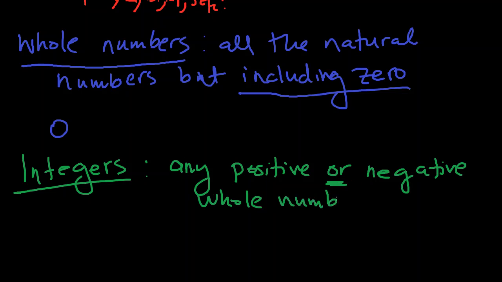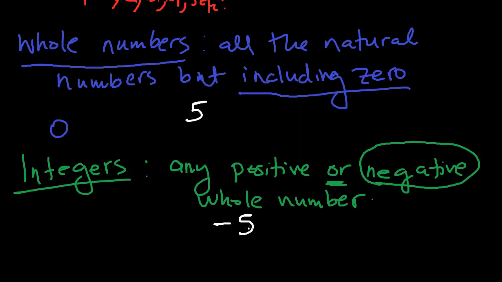So essentially, integers are whole numbers, but they can also be negative. Whole numbers cannot be negative. For example, 5 is a whole number, and it's also an integer. However, negative 5 is an integer, but is not a whole number.